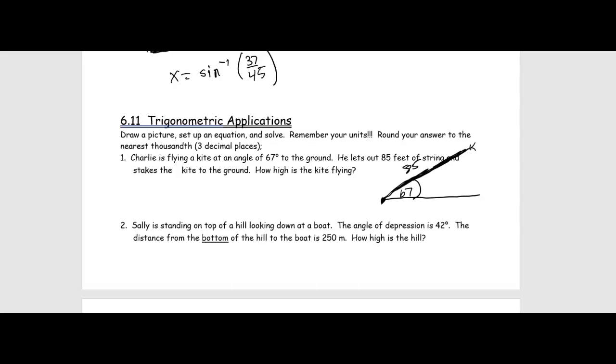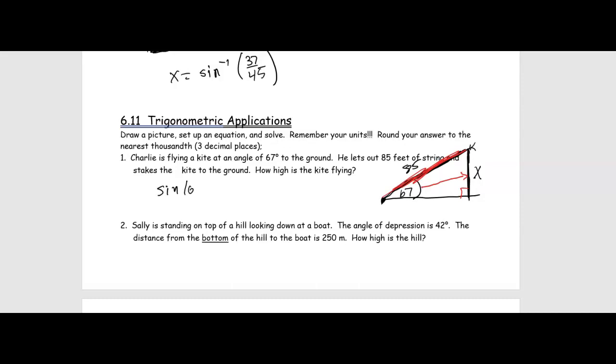All right, the question then is, how high is the kite flying? So we are looking for this length right here. All right, that's your X. How high up is the kite from the ground? So for this one, here's your angle. We have the opposite side of that angle, and here's your right angle. So the side here is your hypotenuse. So it's the opposite over your hypotenuse. So that is your sine.